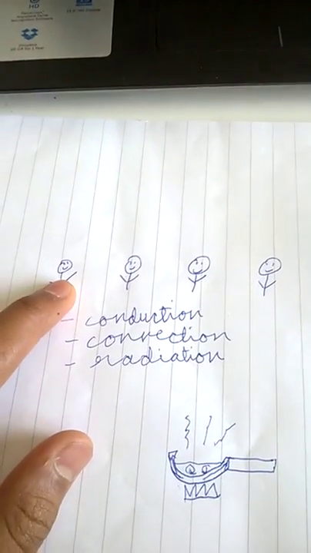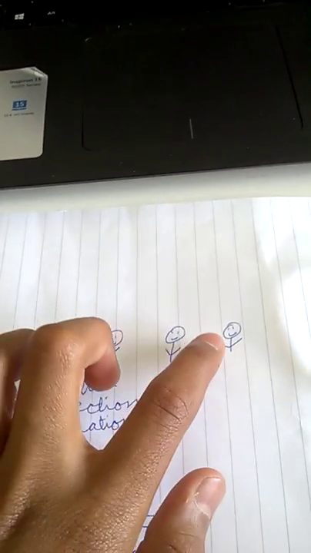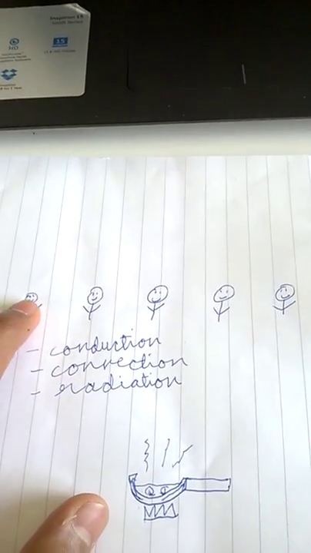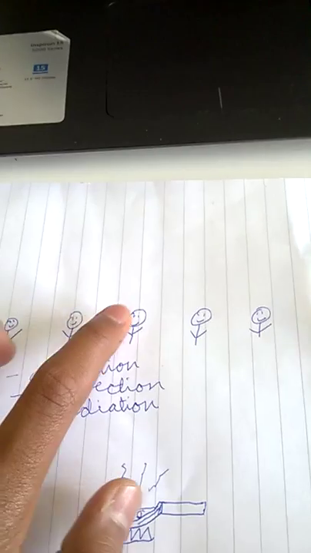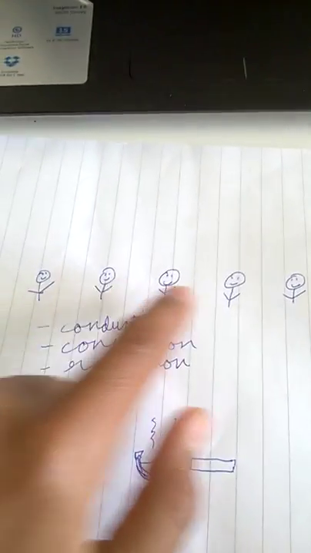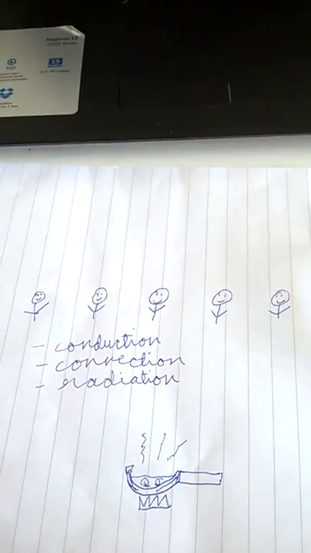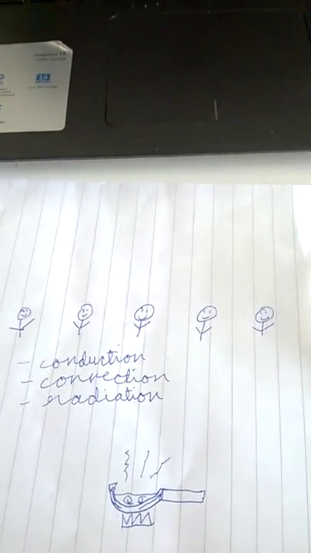First, conduction. The first way in which this person can transfer heat to this person will be by passing the pencil along slowly, and eventually it'll reach the other boy. So that would be conduction.